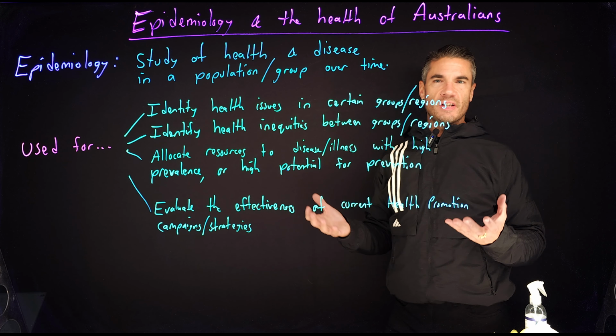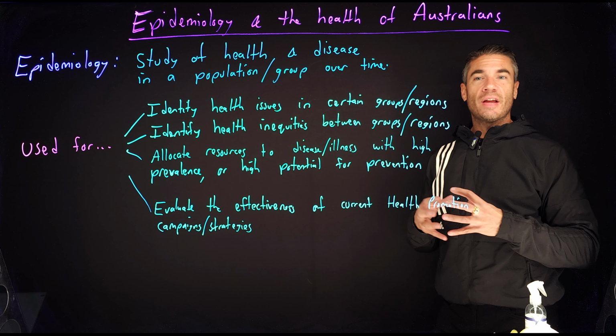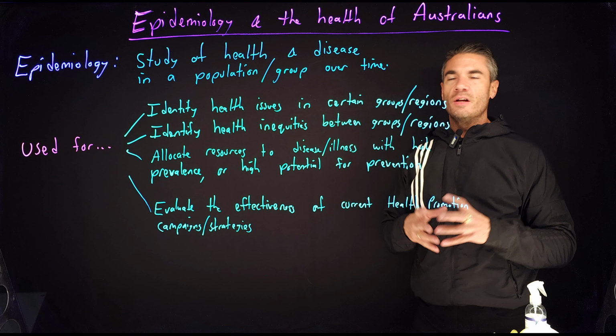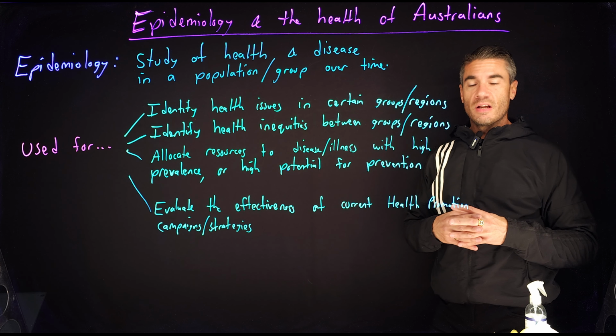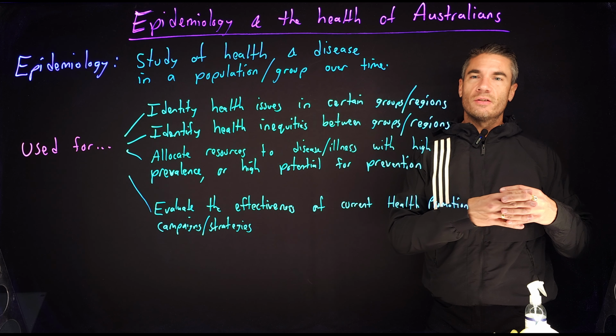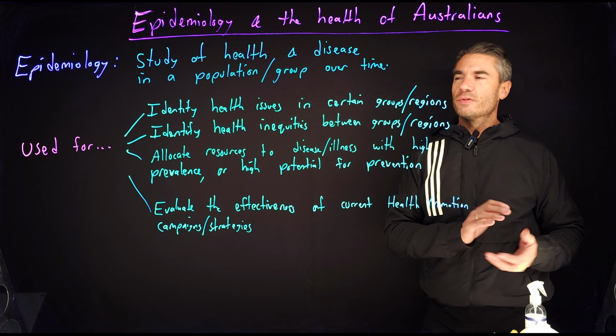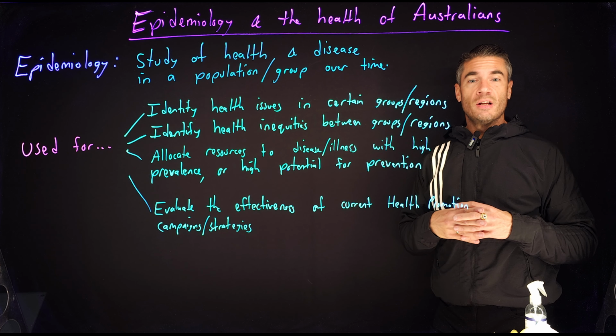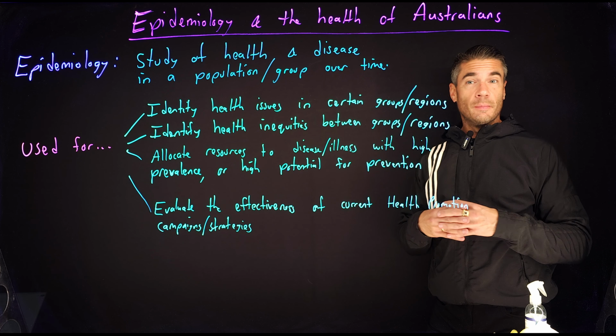So in the broader sense, we're looking at the health and disease data of Australians, but we can break that down into different population groups that live in Australia, such as First Nations people and non-Aboriginal and Torres Strait Islander peoples. We could look at people who live in Australia from non-English speaking backgrounds.